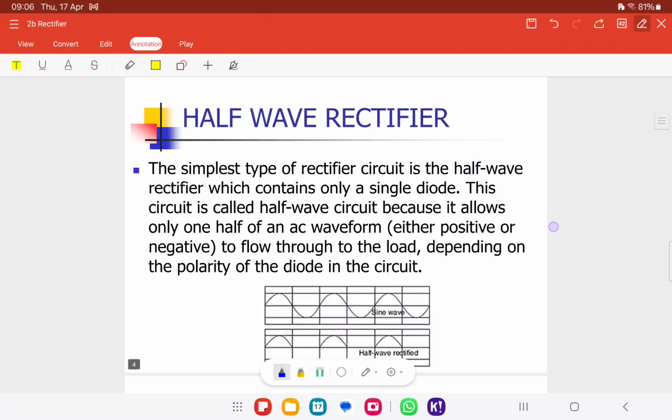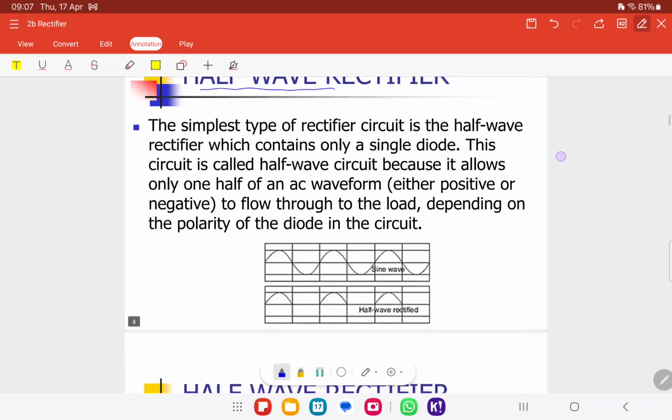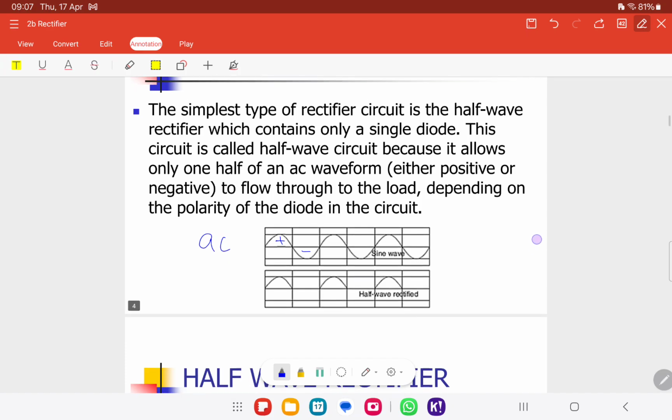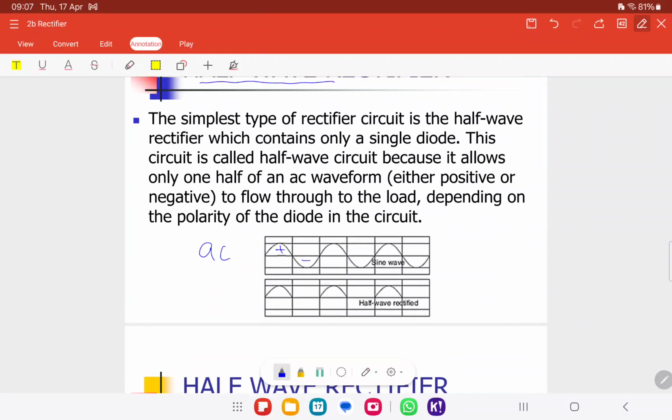Okay. So now we have two types of the rectifier in chapter 2B here. First is the half wave. Okay. Half wave rectifier. The circuit nanti kita tengok. Okay. This is AC signal. Continuous AC signals. We have positive and negative cycle. Okay. For the half wave, it can only allow either positive or negative.